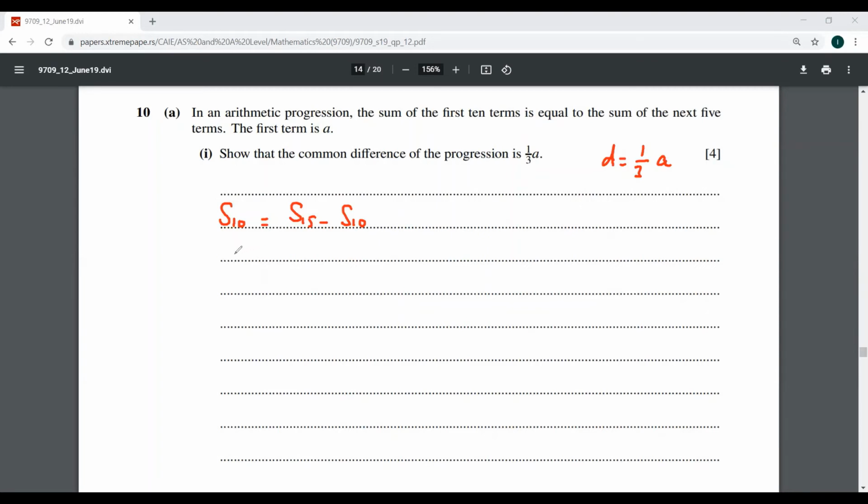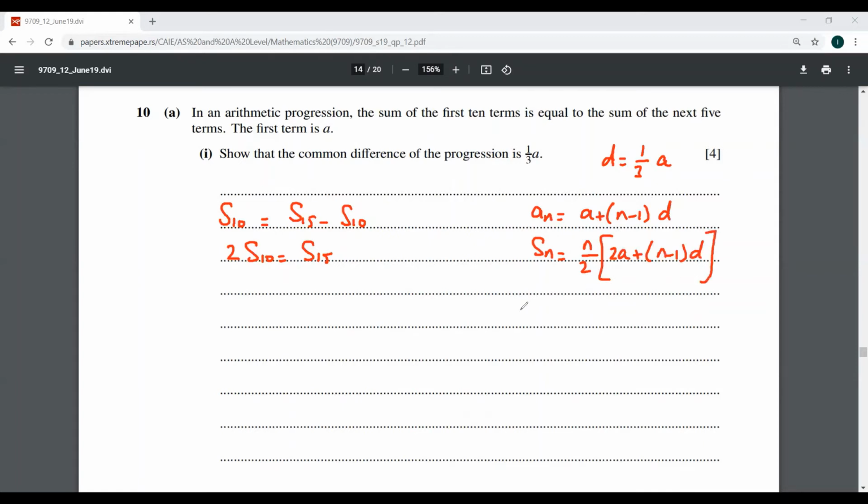So we can say that twice the S10 is going to be S15. Okay, so we have the formulas here. Your An is a plus n minus 1 into d, and your Sn is n by 2 into 2a plus n minus 1 times d.